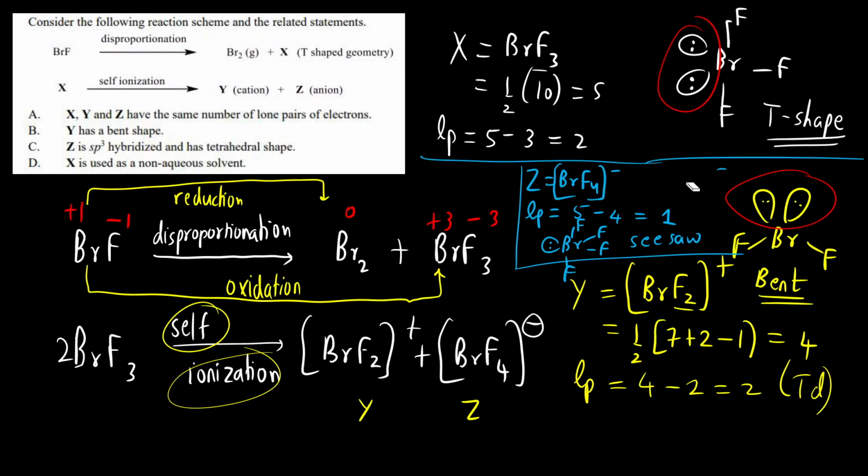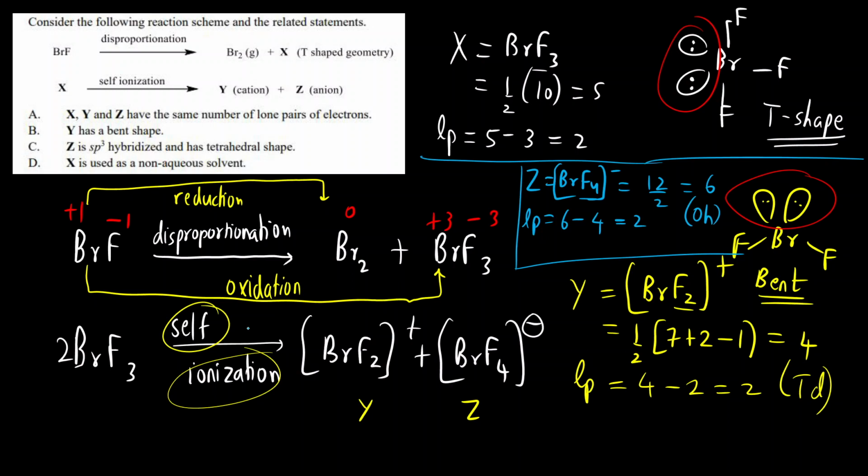I'm sorry, this will be different. This will not be seesaw. 7 plus 4, 11, 11 plus 1 is 12. 12 divided by 2 is 6. 6 means this will be octahedral. How many lone pairs? 6 minus 4 side atoms, so 2 lone pairs.